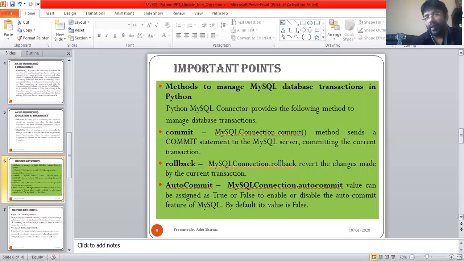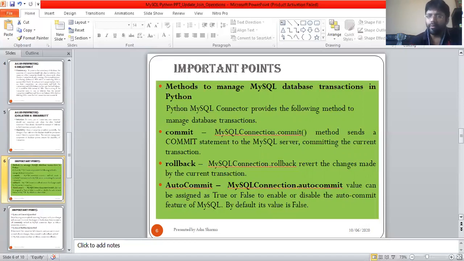Second one is rollback. connection.rollback reverts the changes made by the current transaction if a failure or error happens. If any transaction fails, or any query is not successfully executed, then rollback reverts the changes made by the current transaction. This is the property of the rollback method.